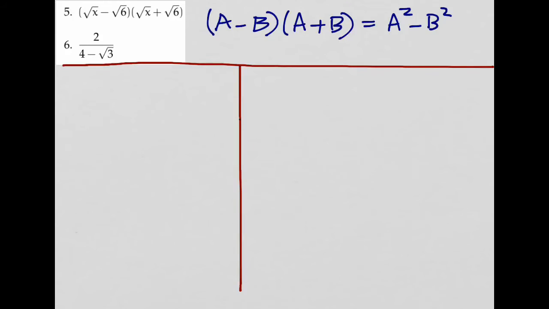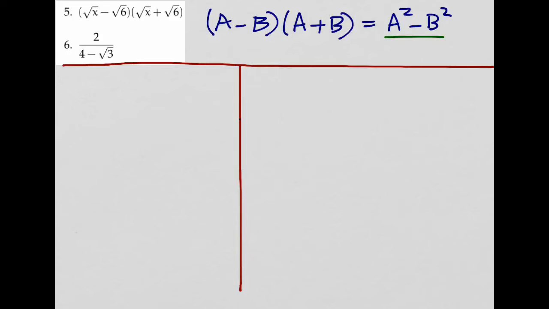Example 5, let's simplify square root of x minus square root of 6 times square root of x plus square root of 6. Notice this is of the form a minus b times a plus b, which expands as a squared minus b squared. Here, square root of x is playing the role of a, and square root of 6 is playing the role of b.